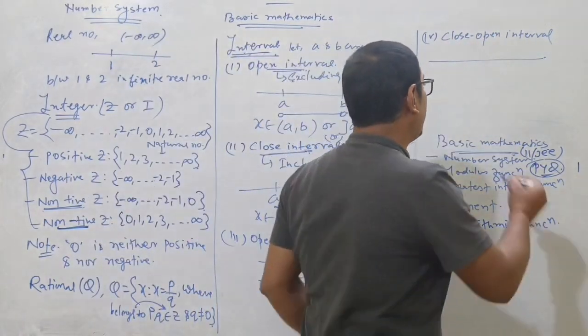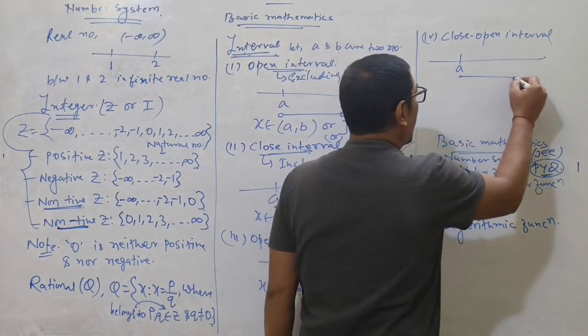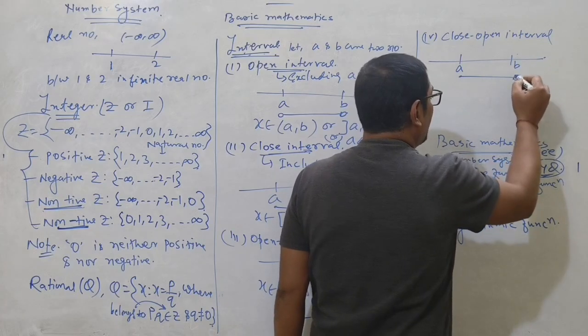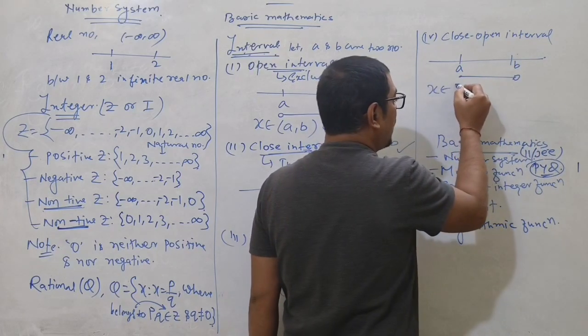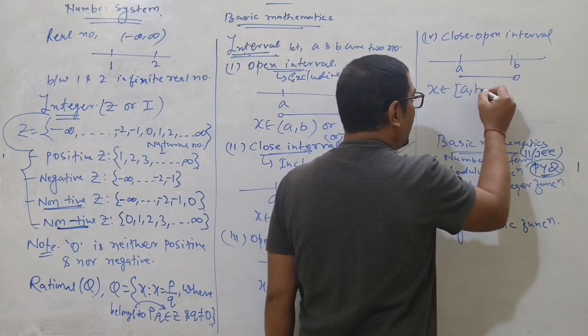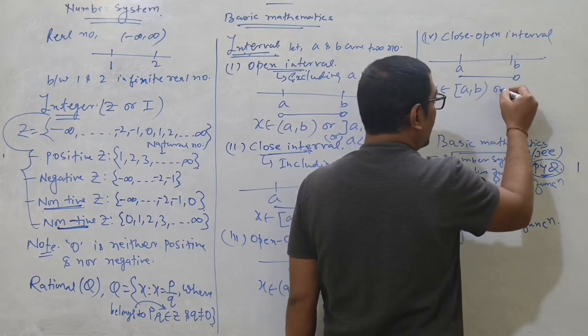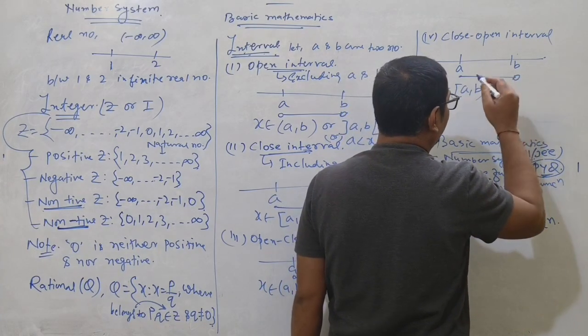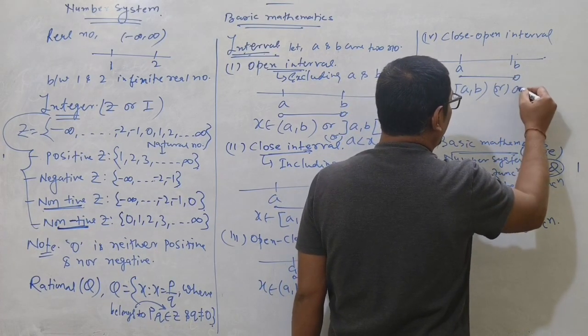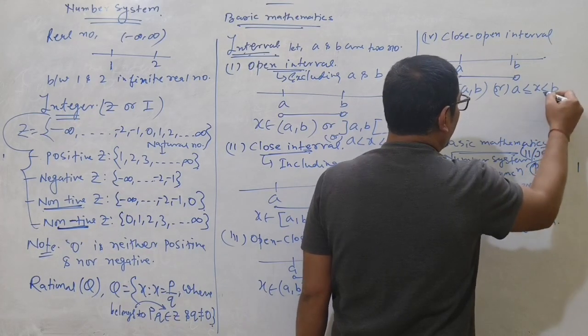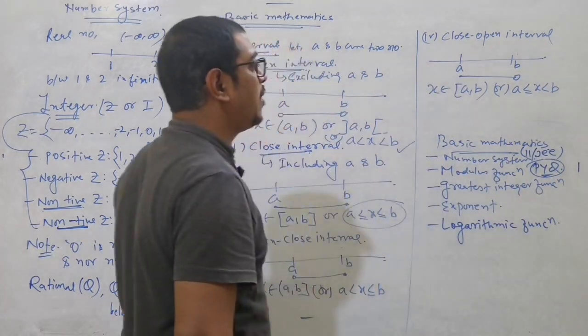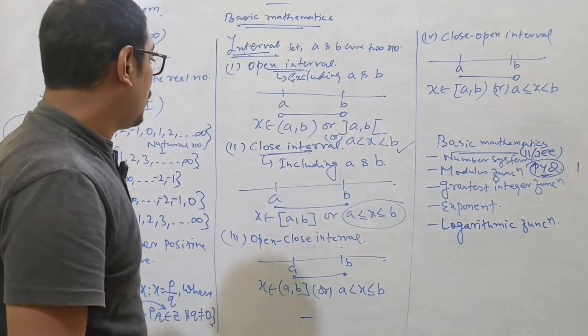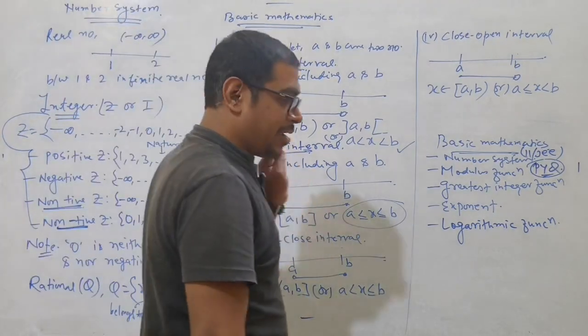So closed open means a is closed and b is open, meaning b is not included. You can write big bracket of a but small bracket of b, or a less than or equal to x and less than b. So is the interval clear now?